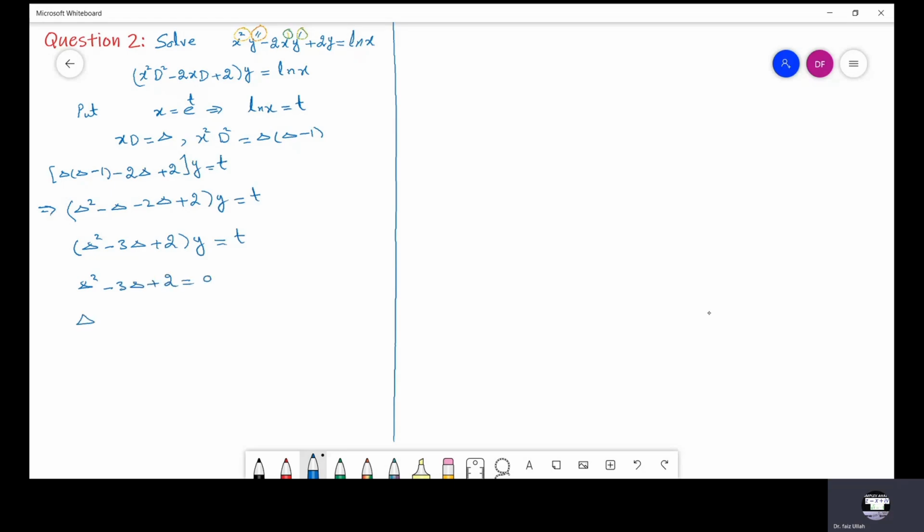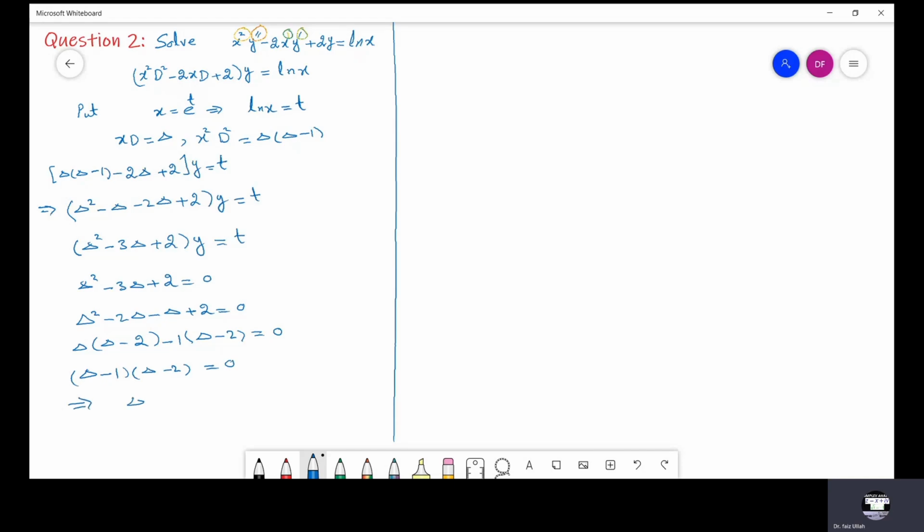Let us factorize this. Delta square minus 2 delta minus delta plus 2 is equal to 0. Taking delta common, and from here taking 1 common, we have this equation. From here we can get delta minus 1 into delta minus 2 is equal to 0.